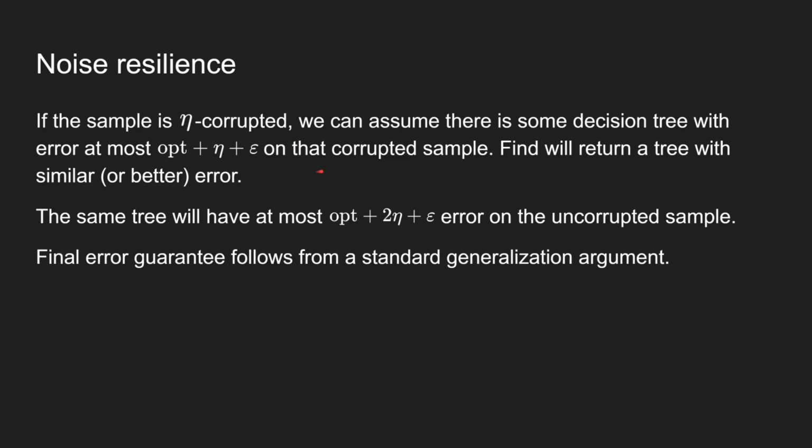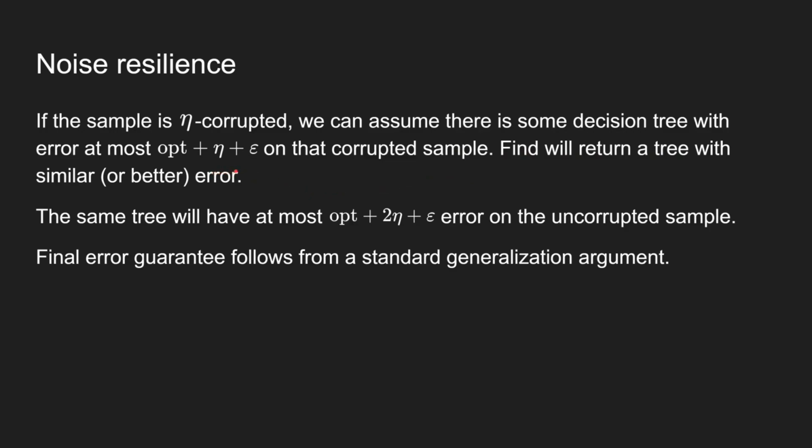That is a decision tree with error at most opt plus epsilon with respect to the true target stochastic decision tree. So if the sample is eta corrupted, then that decision tree has error at most opt plus eta plus epsilon on the corrupted sample. Then, by the optimality of the find algorithm, we get a tree with either that error or better.